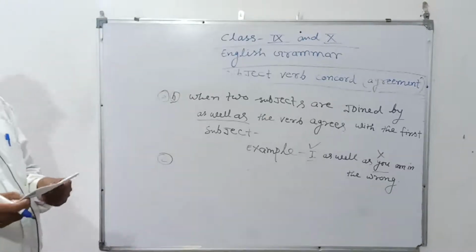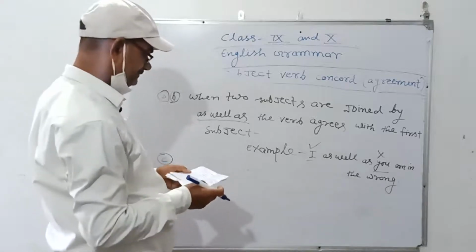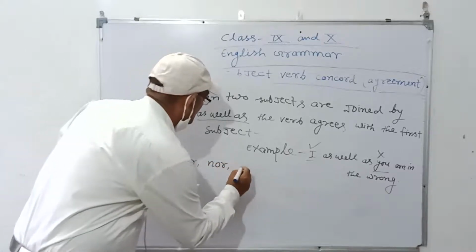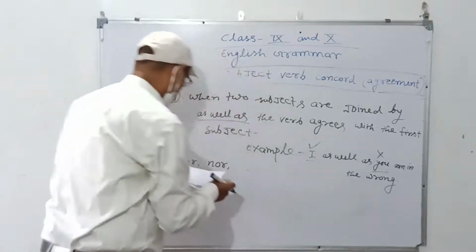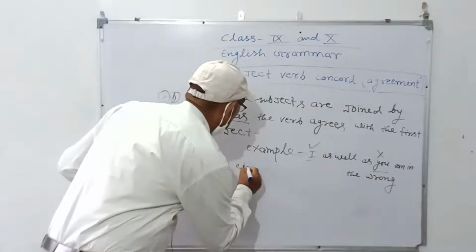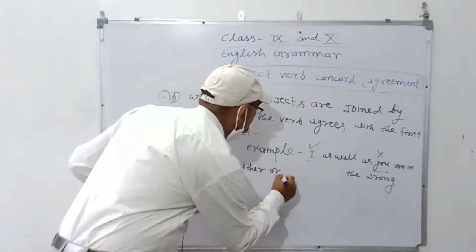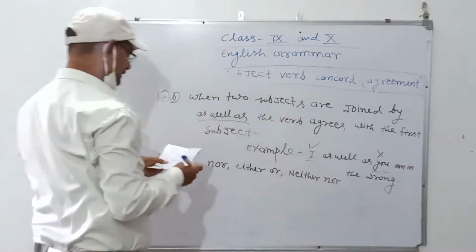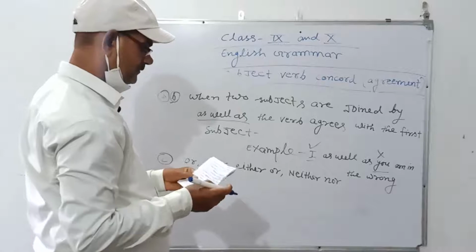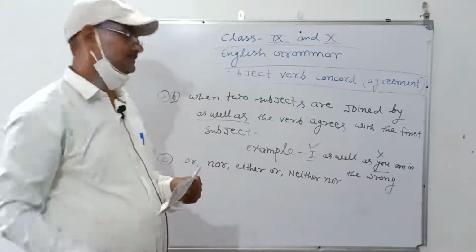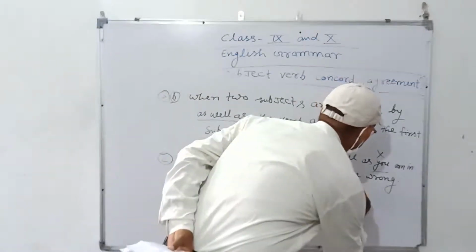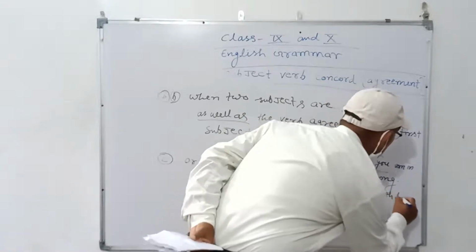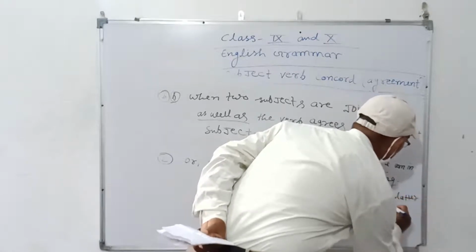When two or more subjects are joined with the help of or, nor, either or, neither nor, the verb agrees with the later subject.